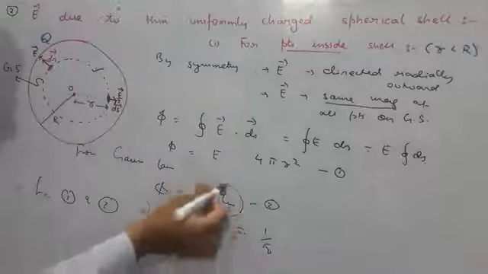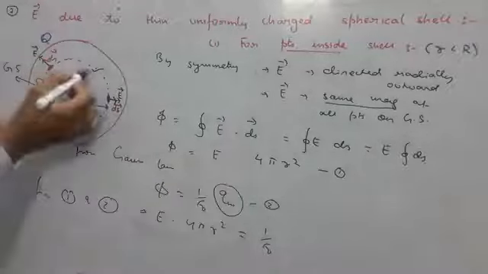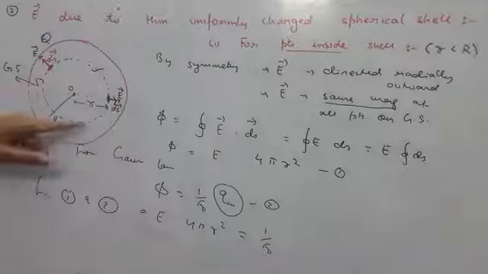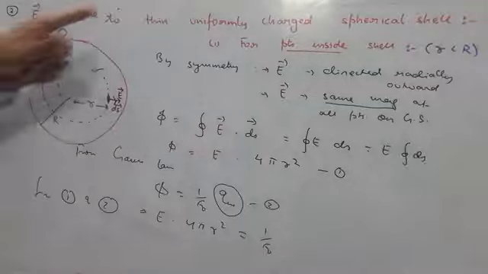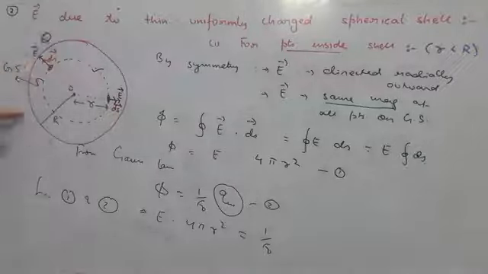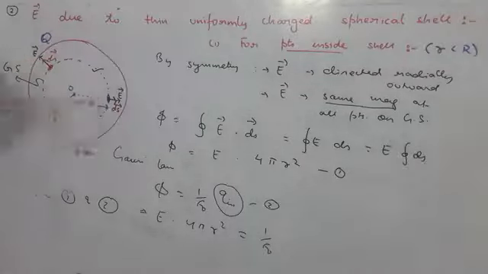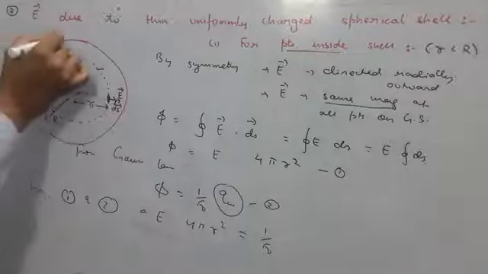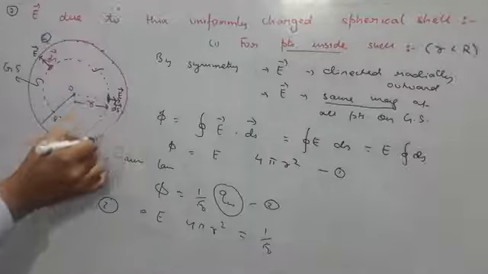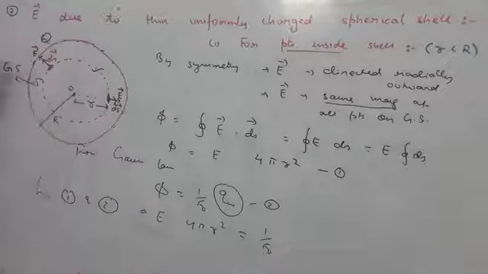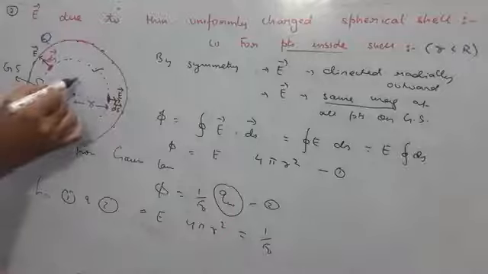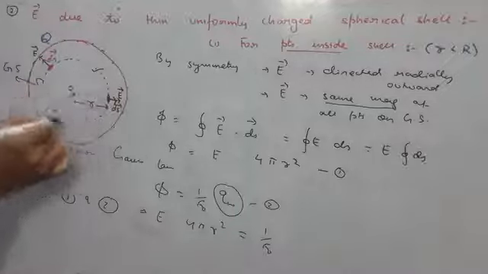what is the charge inside the Gaussian surface? This is our Gaussian surface, this one. We were given in the question a charged spherical shell. This shell is lying outside the Gaussian surface. All this charge is present over here on the spherical shell. Do you think there is any charge inside this Gaussian surface?